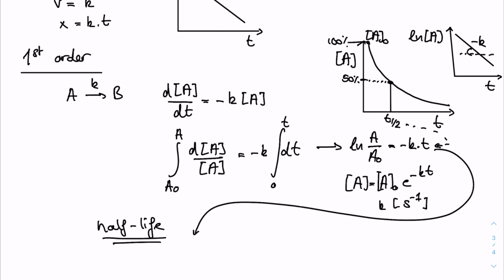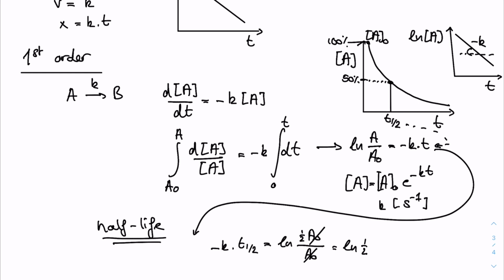So let's bring that here. So if we say that minus K times T half is equal to ln of half the original concentration divided by A0. So A0 cancels out. We're left with ln half.